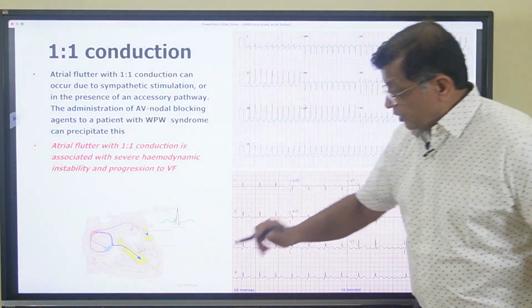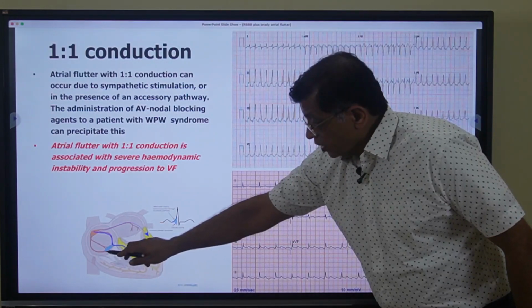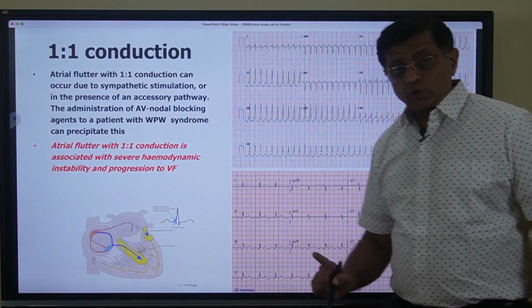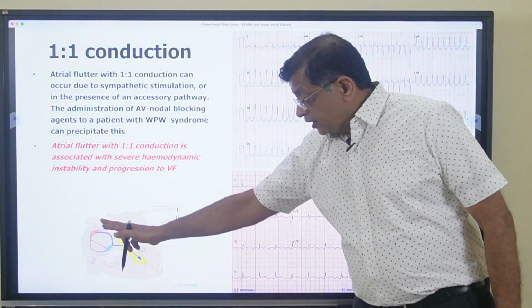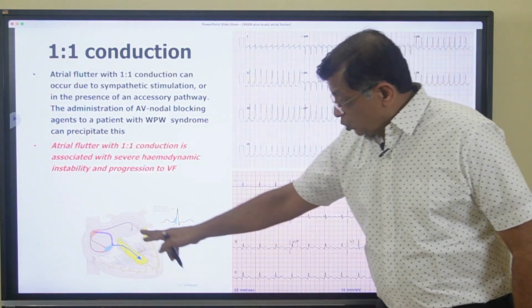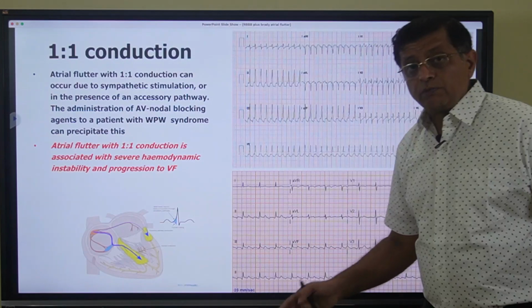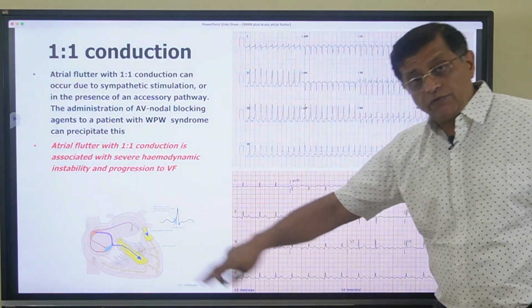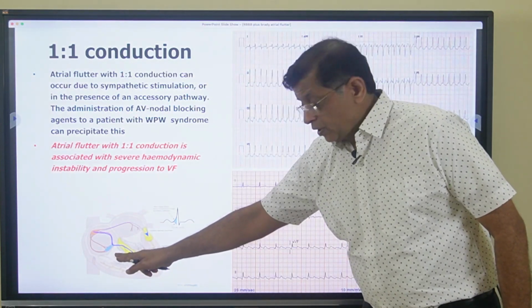What happens normally is any impulse from the atrium can travel to the ventricle only through one pathway, that is through the AV node. But in some patients there are accessory pathways. In those patients the current may travel to the ventricle before it travels through the AV node, because the AV node has a natural delay.